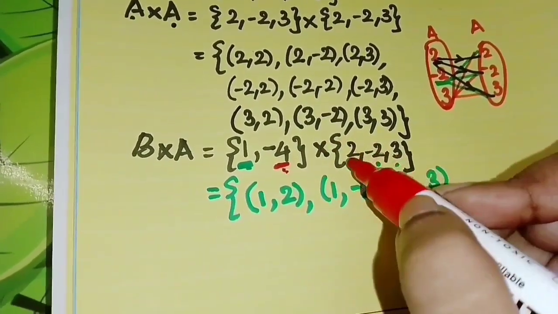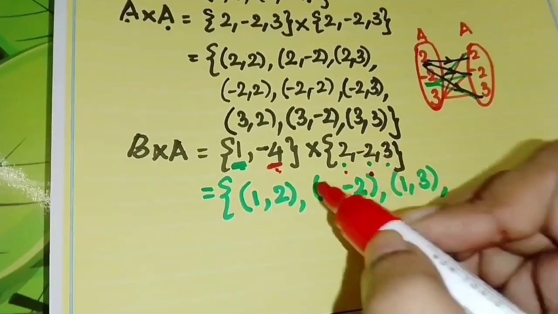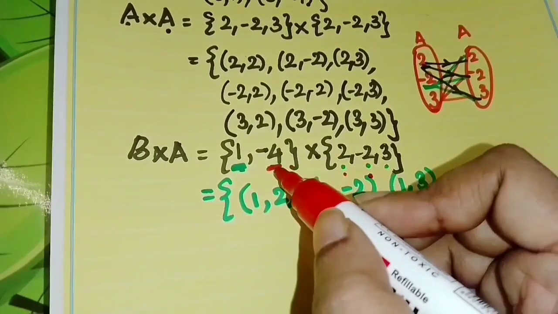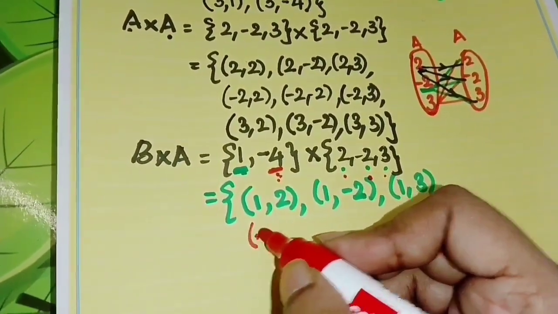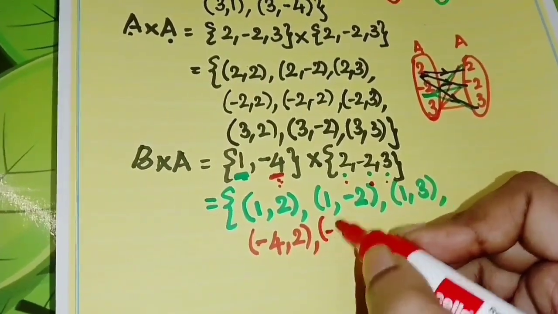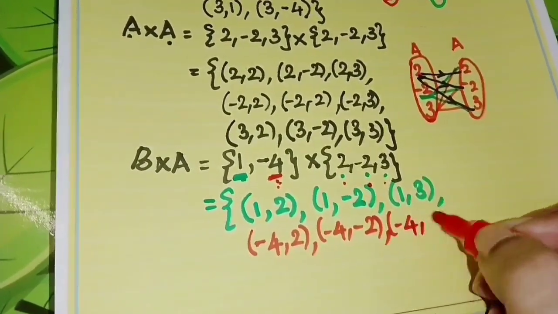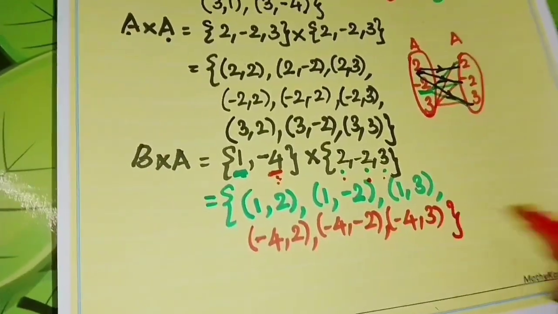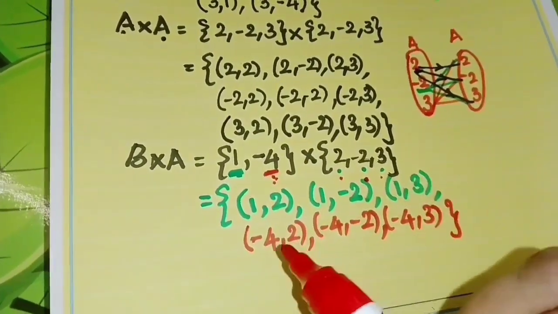So minus 4 will pair with 2: minus 4 comma 2, minus 4 comma minus 2, and minus 4 comma 3. Okay, so the next three ordered pairs will be minus 4 comma 2, minus 4 comma minus 2, and minus 4 comma 3. That's it. We have exhausted this set B, so we have finished.